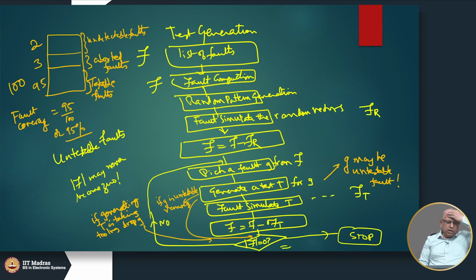We may not be able to get 100% fault coverage. That is the basic thing all of you have to appreciate. Okay. We may not be able to get 100% coverage because there may be undetectable faults, and there could be faults which take so long to generate tests that we give up. Okay. There may be other reasons for undetectable faults.